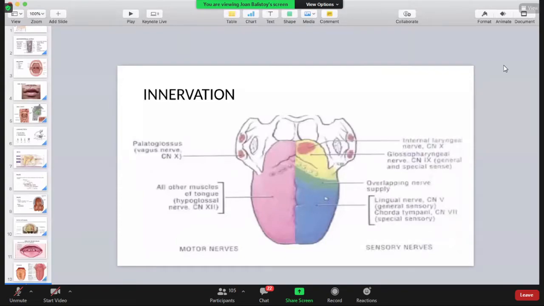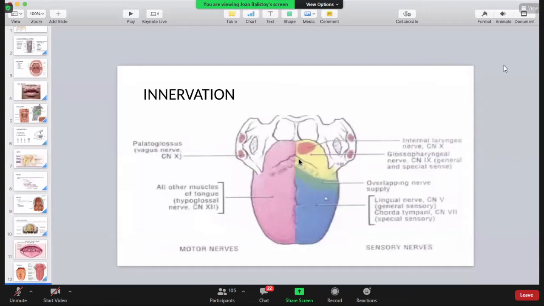Now, on the other side, the tongue for general and special sense is innervated by the glossopharyngeal nerve or cranial nerve 9 for the posterior third.